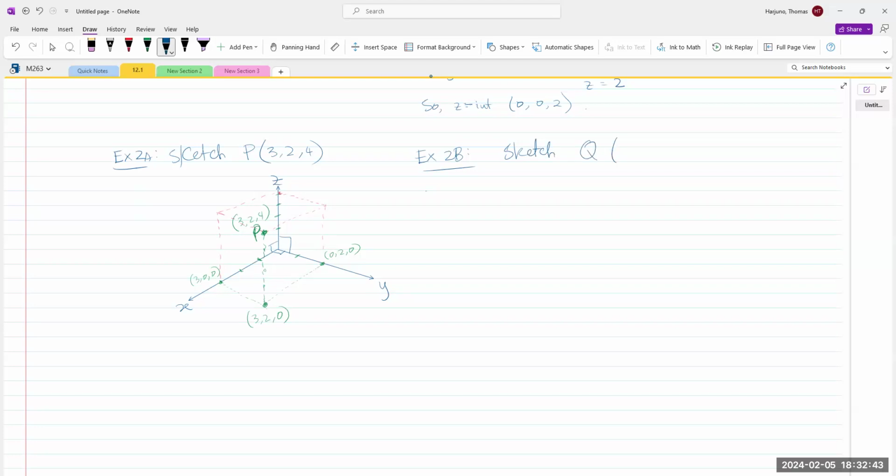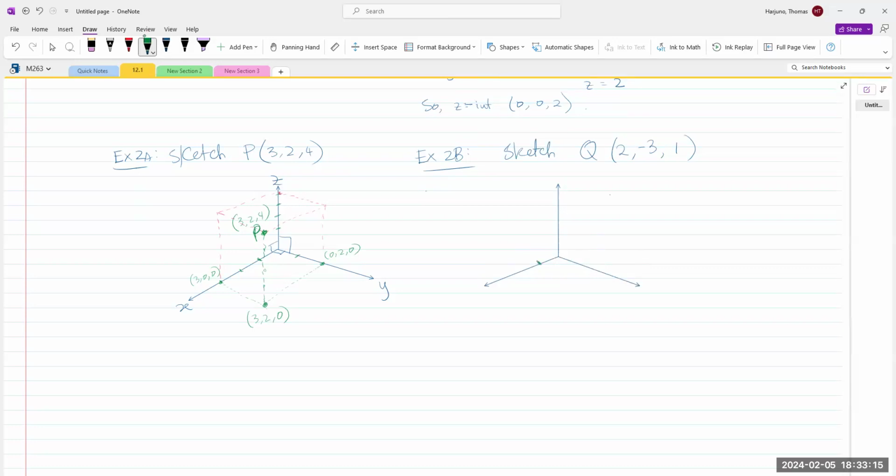Let's say 2, -3, 1. So 2 units in the x direction, and then -3 in the y direction, and 1 in the z direction.